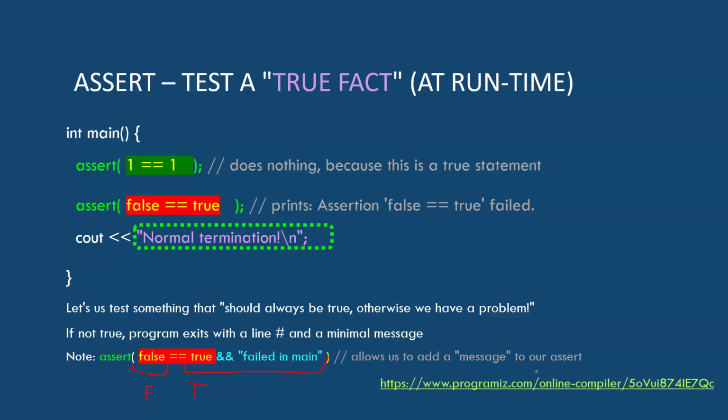But when the program terminates, it's going to spit out the side of the assert that caused the failure. And so that is a sneaky way of forcing it to print out a little message, which is otherwise not possible with the assert. So it is legal in terms of Boolean logic in C++, but it's certainly admittedly a hack in terms of getting that little message to print out on the screen.